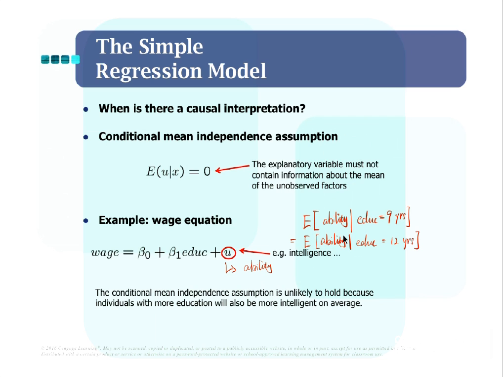Typically, if your ability is higher, it is more likely for you to pick or receive more education, right? So in the wage equation, this conditional mean independence assumption is unlikely to hold.